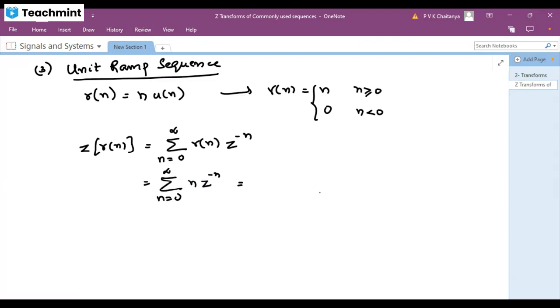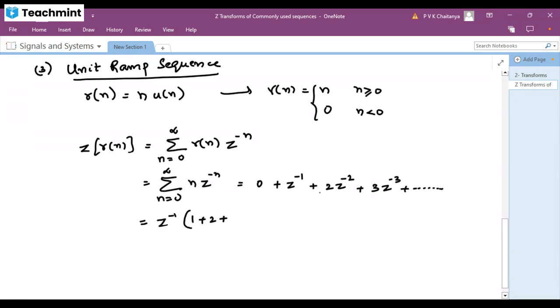So if n is equal to 0, it will be 0. If n is equal to 1, 1 into Z power minus 1. N is equal to 2, 2 into Z power minus 2. N is equal to 3, it will be 3 into Z power minus 3, plus so on up to infinity. So I can write this as Z inverse into 1 plus 2 into Z inverse plus 3 into Z power minus 2 plus so on.